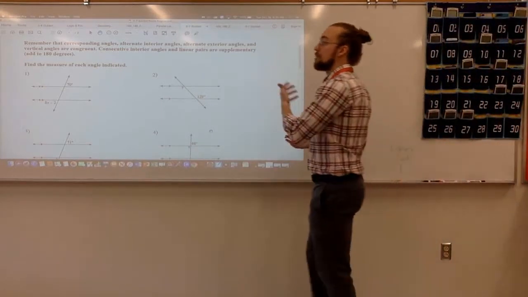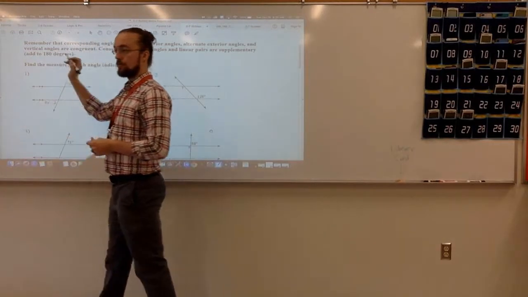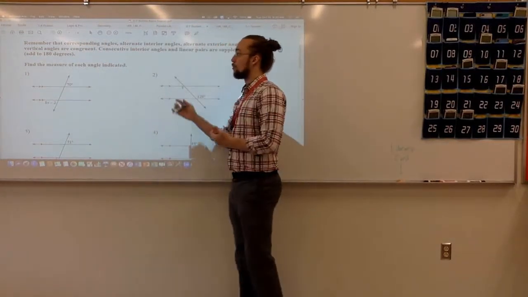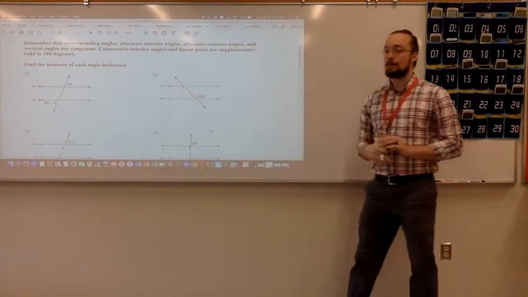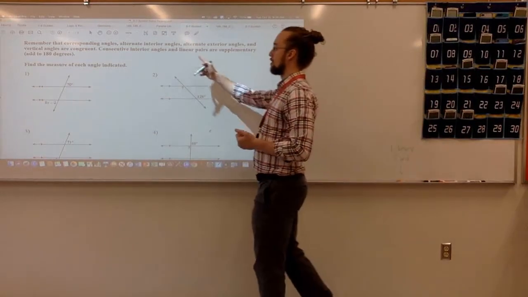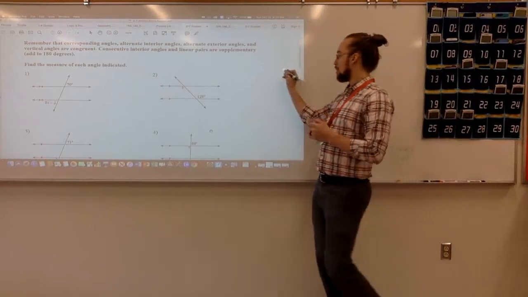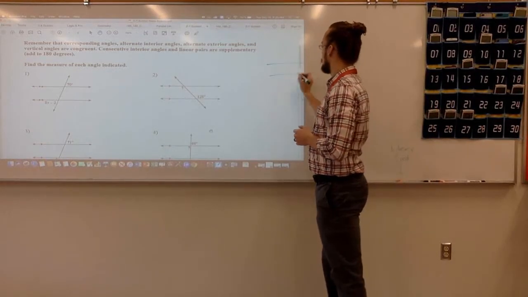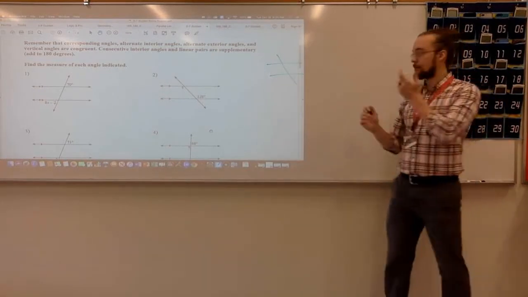Another one that we've already talked about, where we said the angles would have to be the same, are vertical angles. And then we said consecutive interior angles would have to be supplementary. And then another one that we already talked about a while ago was linear pairs. Okay? Linear pairs have to add up to 180. Okay, so just real quick review on those different relationships.